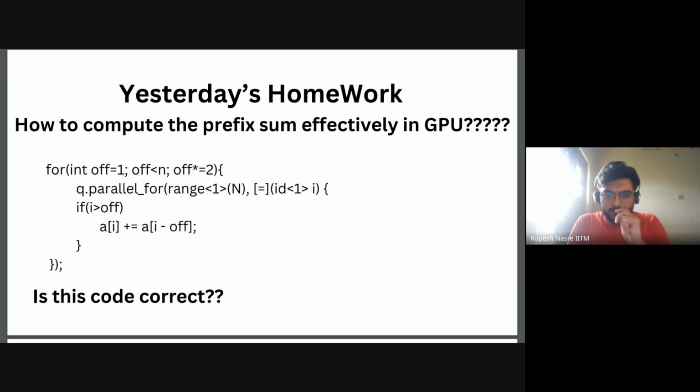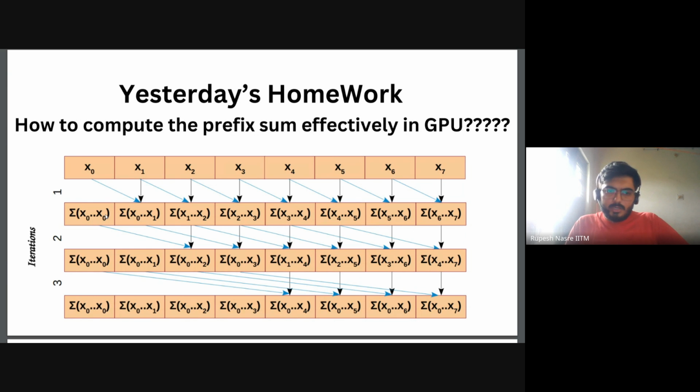Now let's go back to the code. We will start from offset less than n, offset multiplied by 2, q dot parallel for. As I also said, in the first iteration we are only taking the indexes greater than or equal to 1. In the second iteration we are taking greater than or equal to 2.